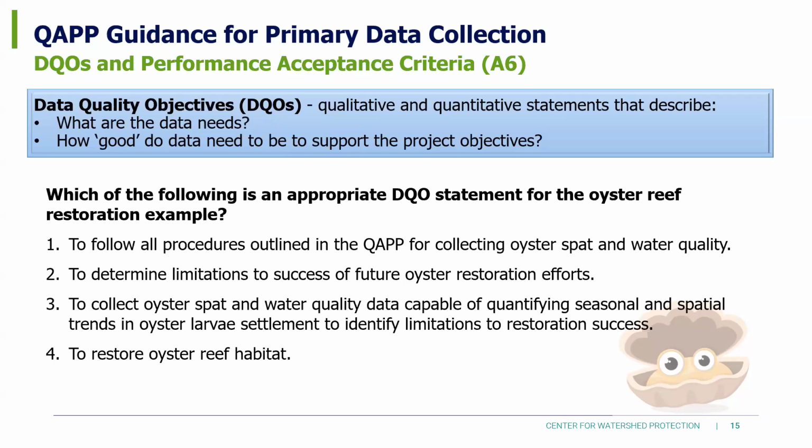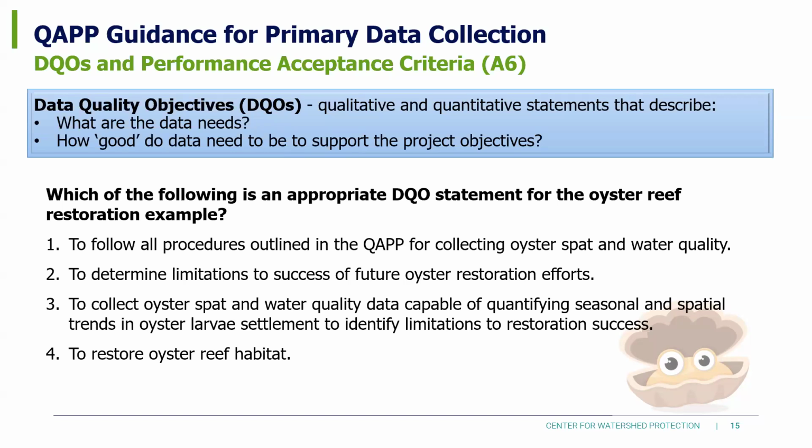We have a few statements here, and I'm going to read through them, and I want you to be thinking about which one of these is an appropriate overall data quality objective statement. The first one is to follow all procedures outlined in the QAPP for collecting oyster spat and water quality. The second is to determine limitations to success of future oyster restoration efforts.